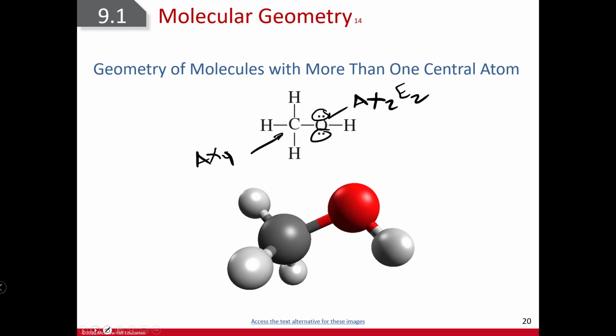Now, when you see AX4, you go, well, this is going to have the same electron domain geometry and molecular geometry. Because if it's all bonding groups and no non-bonding groups, these 2 are going to be the same. So the question is, how do you keep 4 things away from each other as far as possible? You use the geometry called tetrahedral. So here it is.